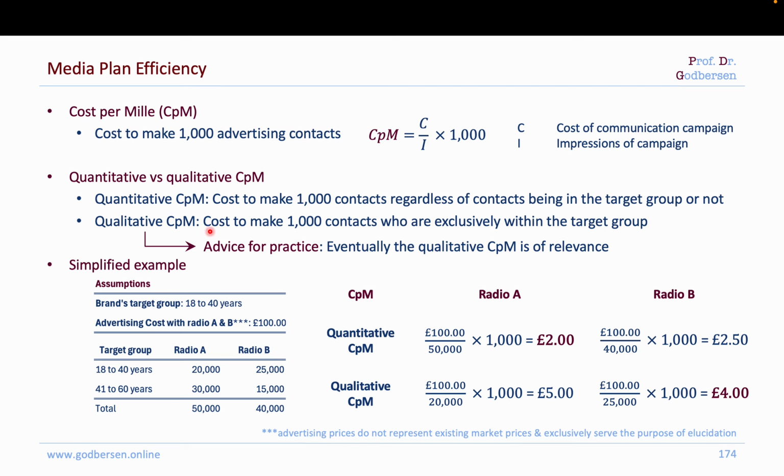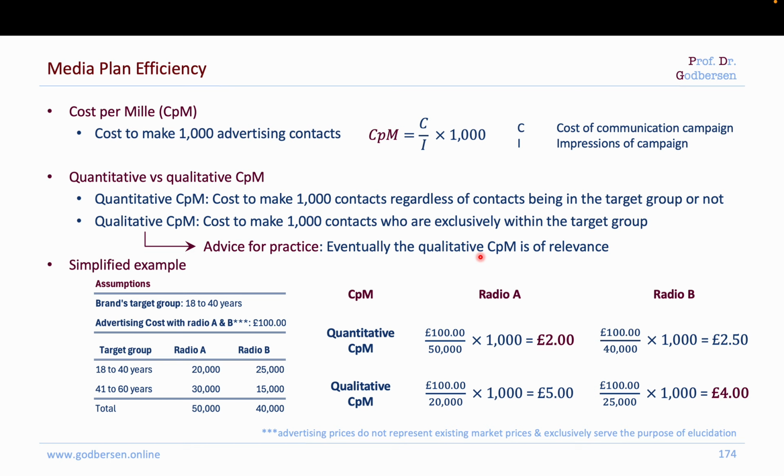Whilst the qualitative cost per mil is the money you have to invest to make 1,000 contacts, but these 1,000 contacts are members of our target group. And advice for practice: in the end, the qualitative cost per mil, that is of relevance. We need to make contact, and we want to make contact only with our target group. All the rest doesn't help us too much.